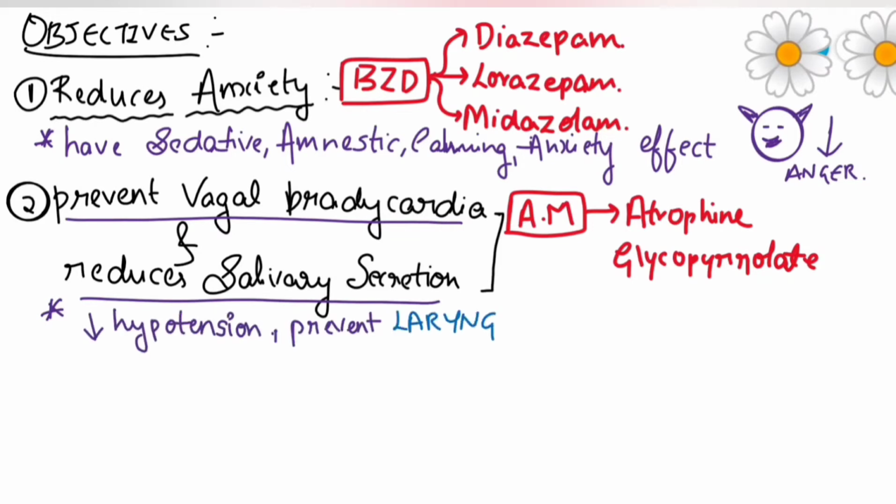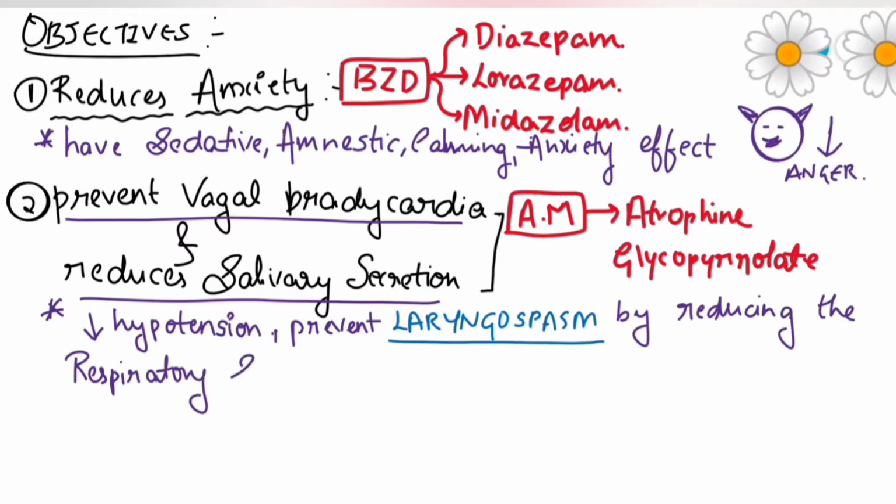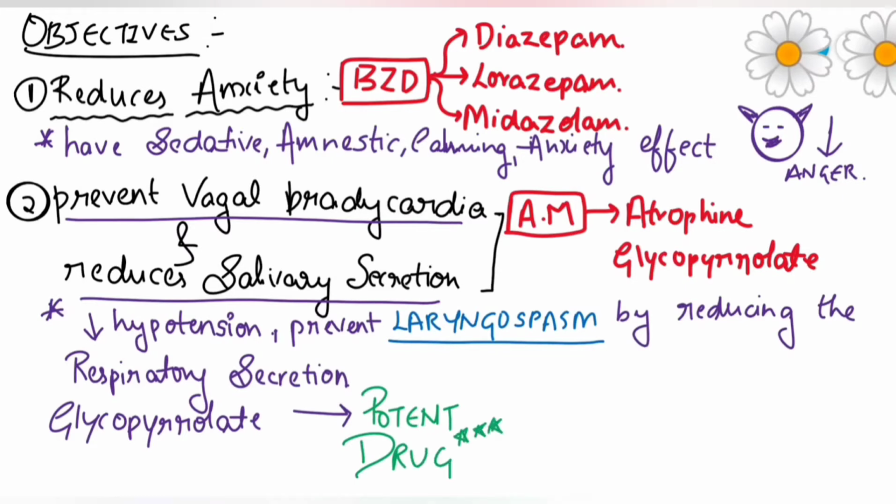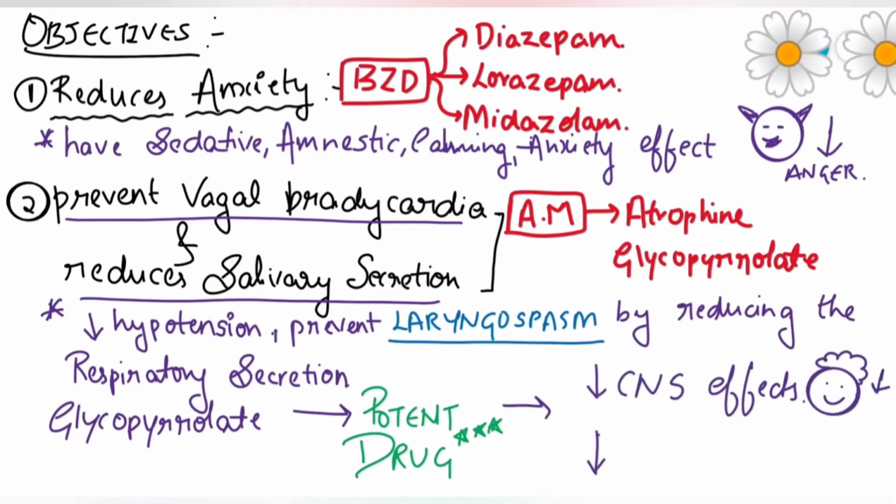It prevents laryngospasm and tries to reduce respiratory secretions. Glycopyrrolate is usually preferred because it is potent, does not produce any CNS adverse effect, and has less tachycardic effect. These are the two objectives.